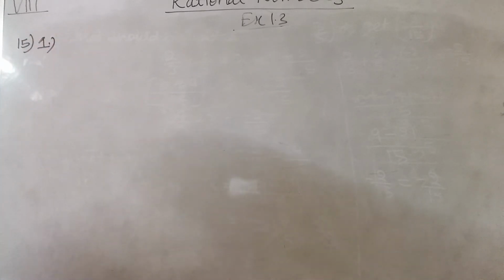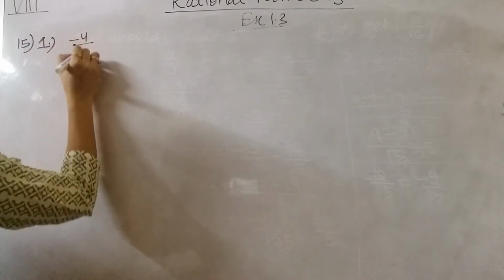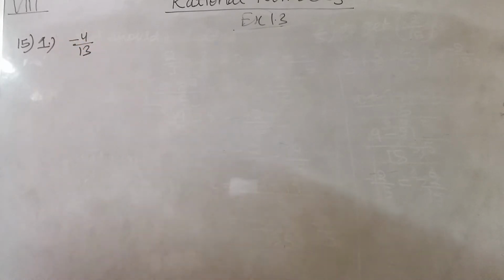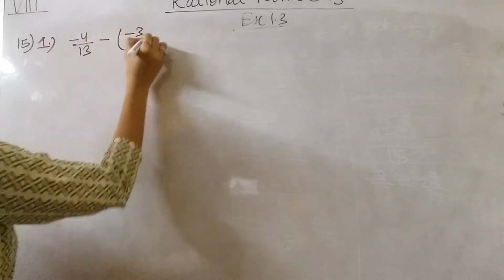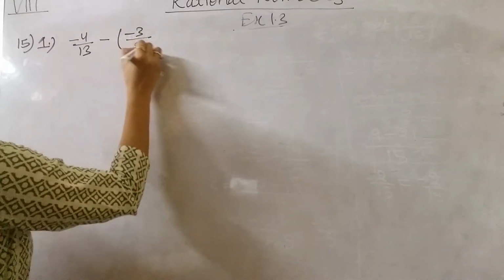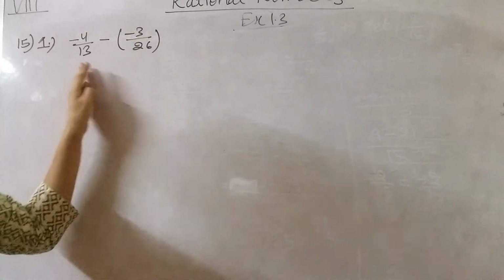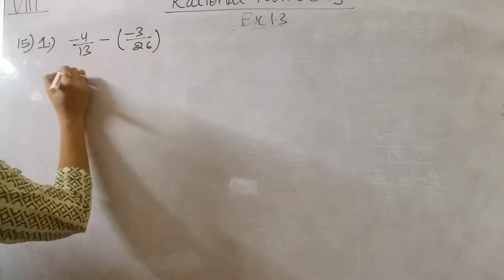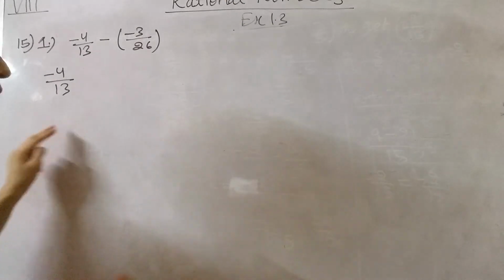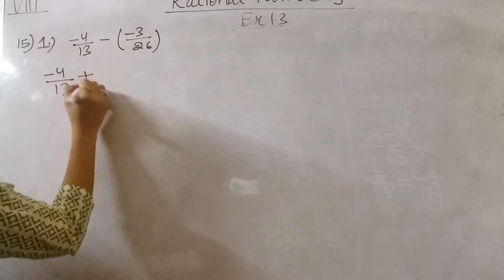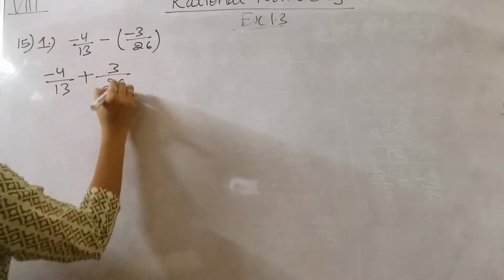Question number 1 is minus 4 by 13 minus 3 upon 26. So to subtract these two numbers, we can take it minus 4 upon 13, and this minus will be plus, that will be 3 upon 26.